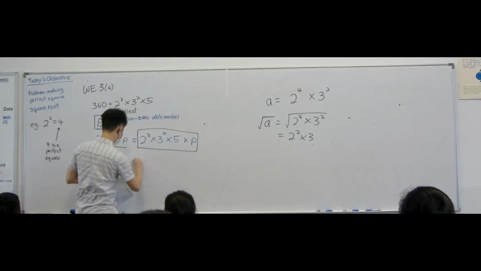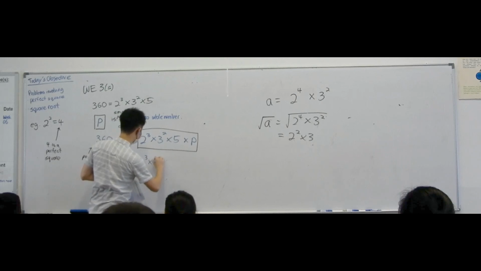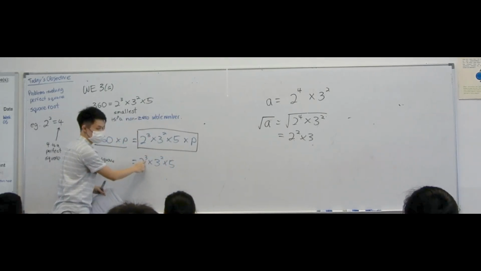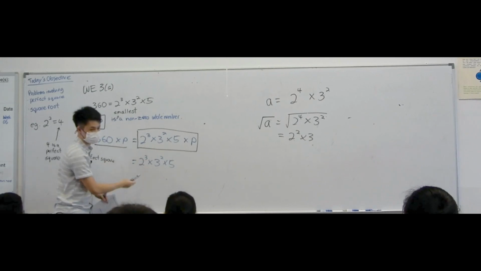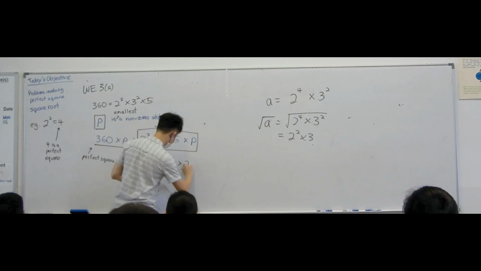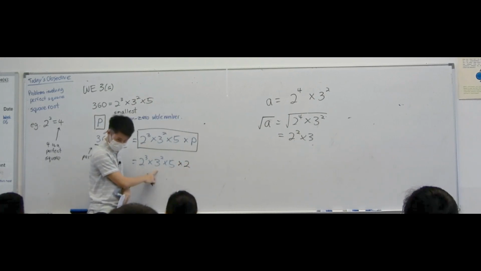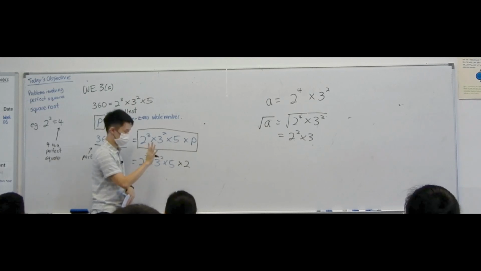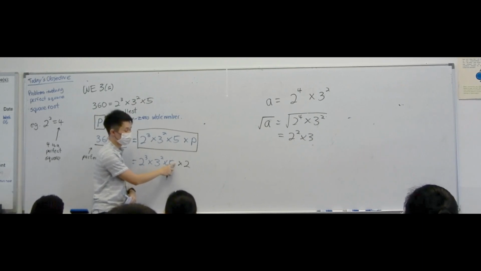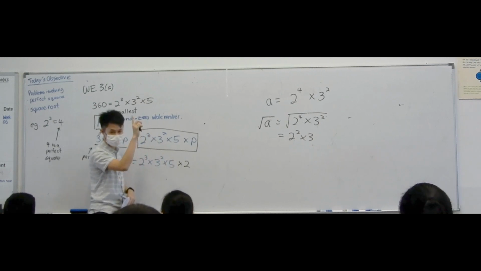I'm going to write the prime products for the first one. If I want to make this power even, I must multiply how much? Smallest, multiply 2. Then this one, is the power even already? The power is even, right? I don't want to touch it. Now this, is the power even or not? The power is 1.